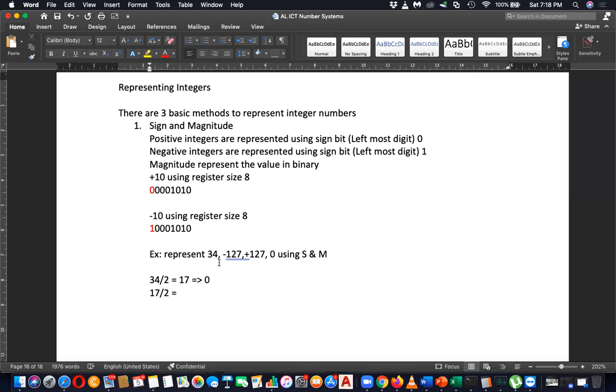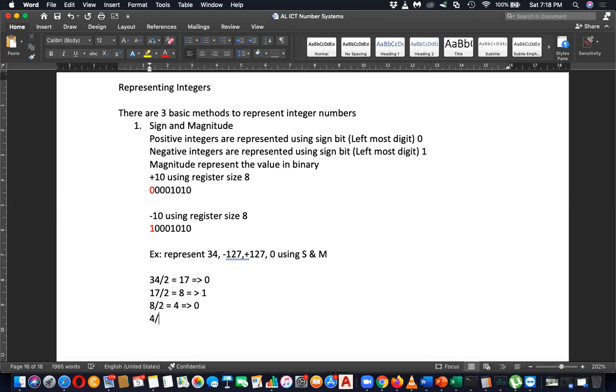Okay, let's represent 34. 34 divided by 2 is 17, remainder 0, and 17 divided by 2 is 8, remainder 1. Then 8 divided by 2 is equal to 4, remainder 0.